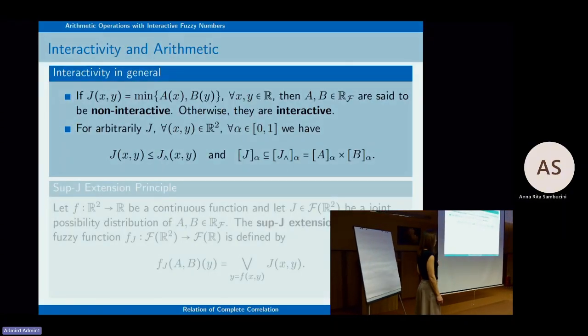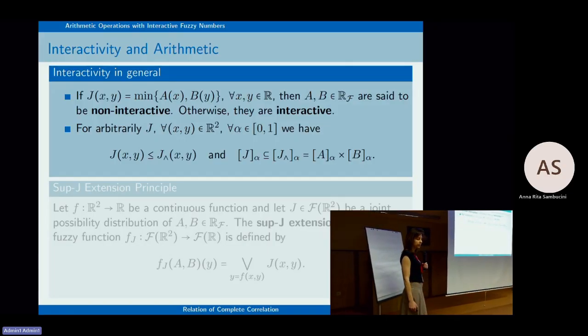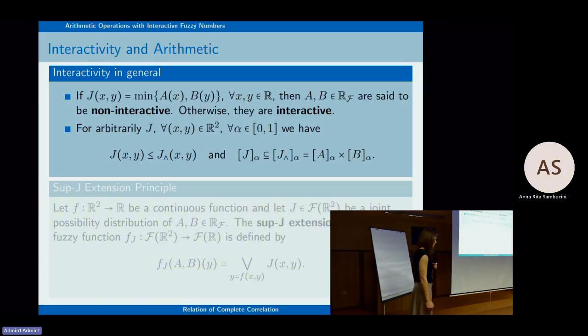Okay, and now I would like to introduce how we can define or how we can work with fuzzy numbers which are correlated, completely correlated, or joined with some other interactivity relation.